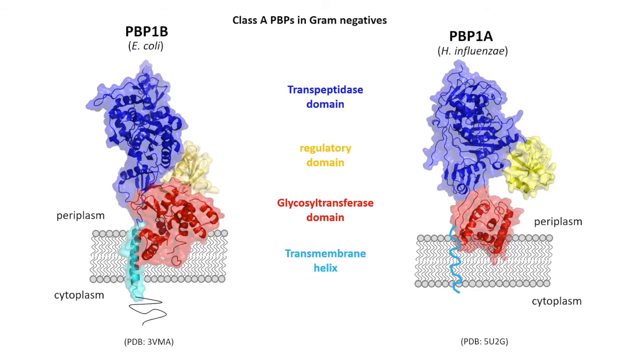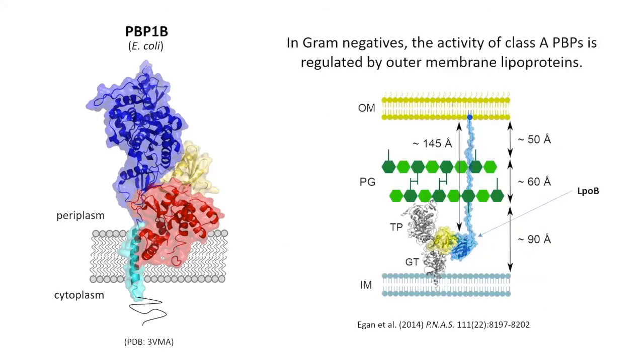That's important because in gram-negatives, these proteins require interaction with regulators anchored to the outer membrane, which are lipoproteins, and interact with this domain. Without this interaction, there's no activity in the cell. So in this presentation, I'll be introducing first results with PBP1B from E. coli and its activator LpoB.